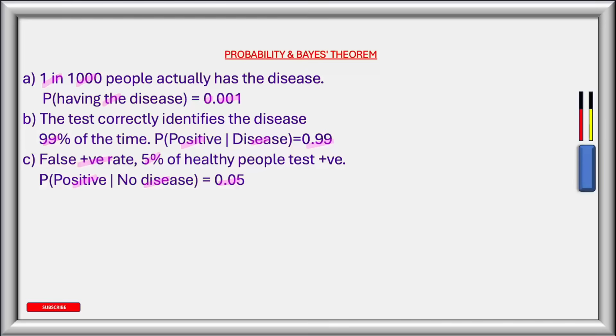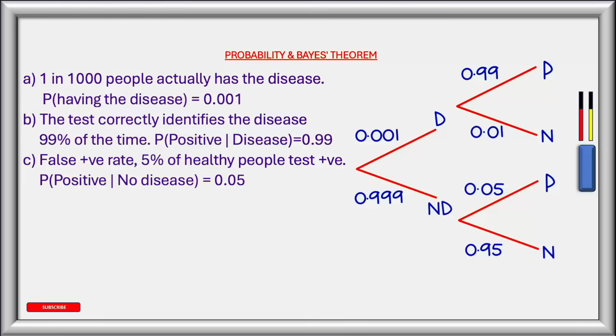So let's draw this as a tree diagram. The first two branches of the tree diagram show the probability of having the disease and not having the disease. Now we're told that the probability of having the disease is 0.001. So the probability of not having the disease is 0.999. And we're also told that the test correctly identifies the disease 99% of the time.